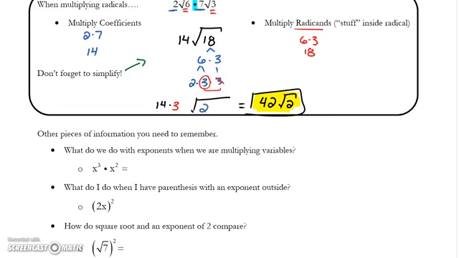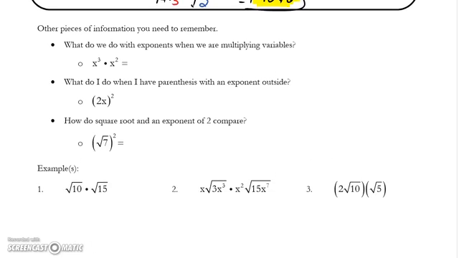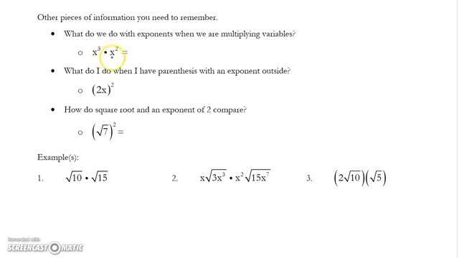Okay, the other thing to keep in mind is when we are multiplying variables with exponents, we are adding those exponents. X to the 3rd times x to the 2nd is x to the 5th. 3 plus 2. But if I have my exponent outside of my parentheses, that's applying, and I'm multiplying inside. That's applying that exponent to everything in here.